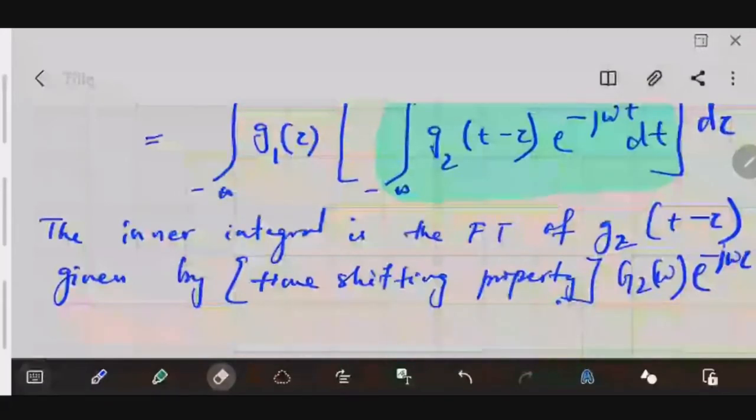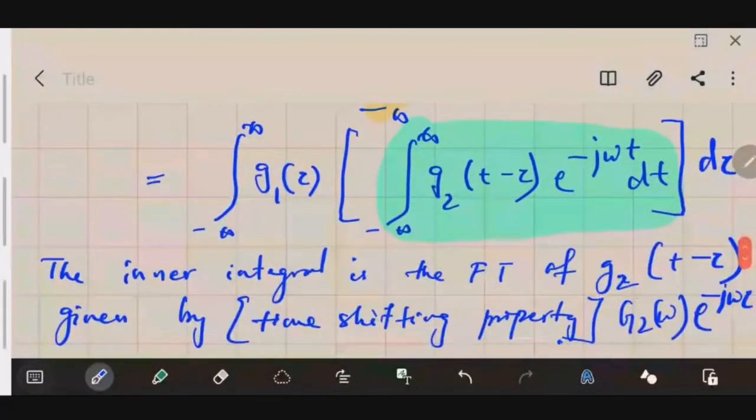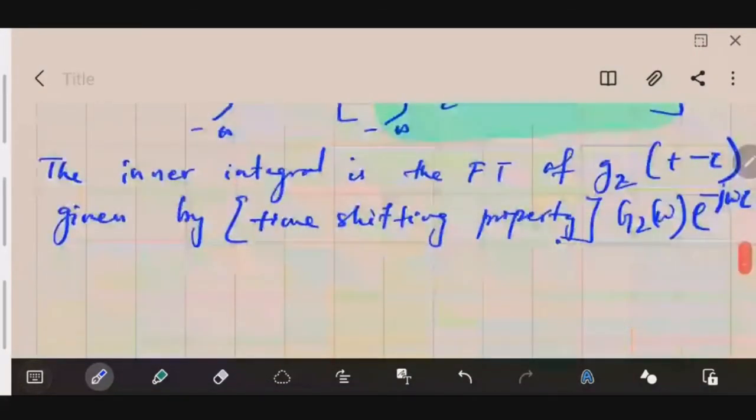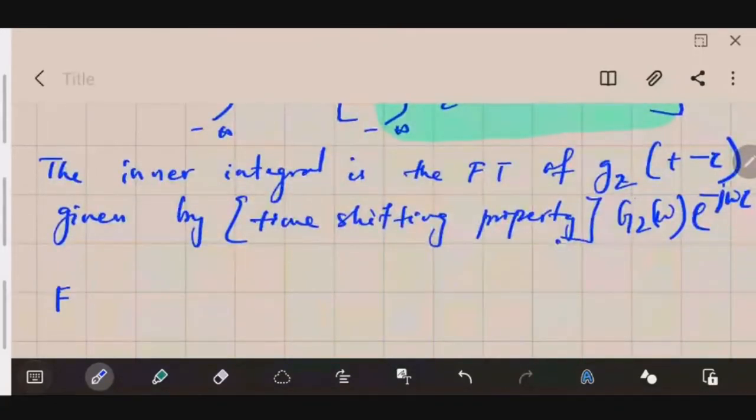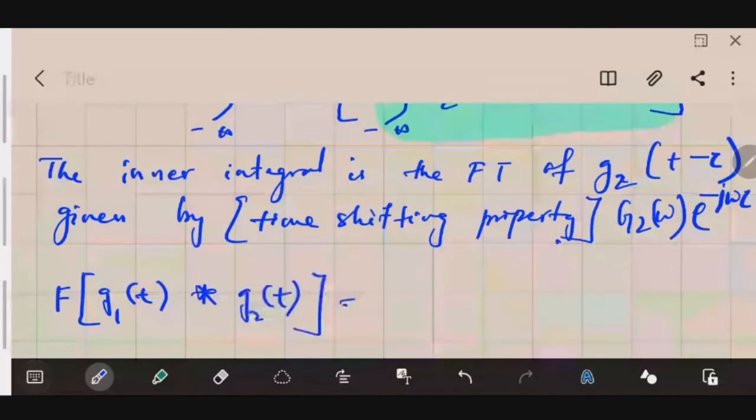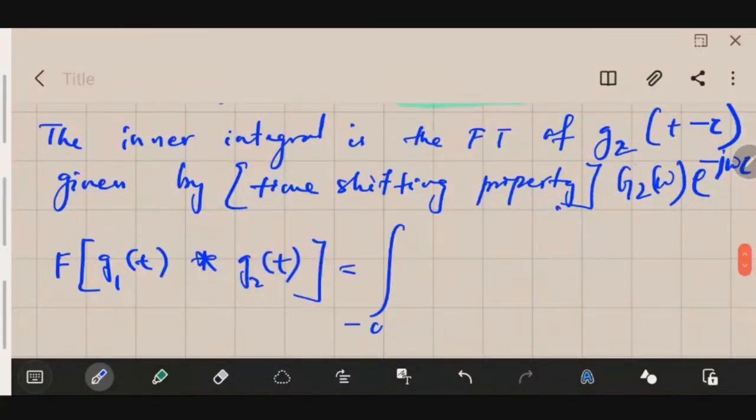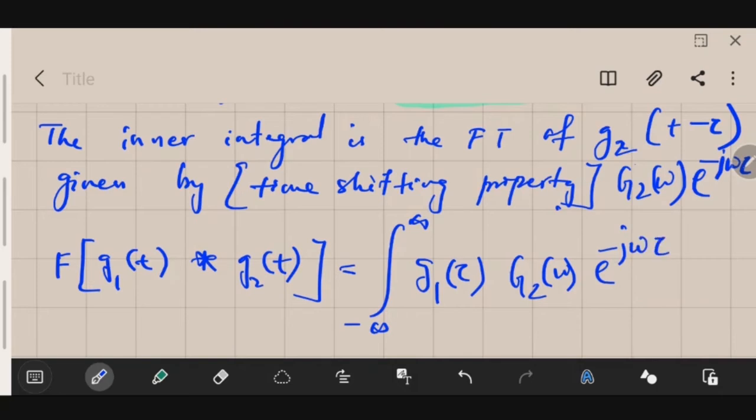Now let us replace that inner integral and put this value inside the bracket. If we do that, we can write the Fourier transform of g1 of t convolved with g2 of t as equal to the integral from minus infinity to infinity of g1 of tau, as it is, then g2 of omega, then e to the minus j omega tau d tau.